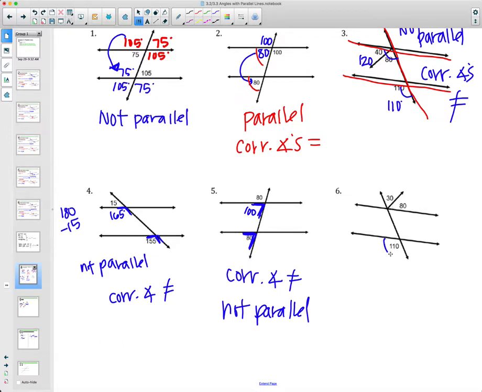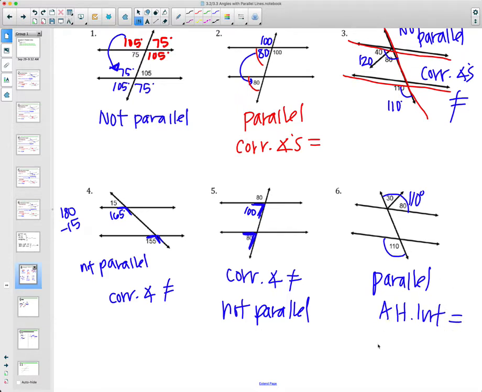Next one, maybe you notice that this is an alternate interior angle with this. Okay, so alternate interior angle, if I add these two together by angle addition, I get 110. This one's 110. So these are parallel because alternate interior angles are equal, and that was one of the things we learned.